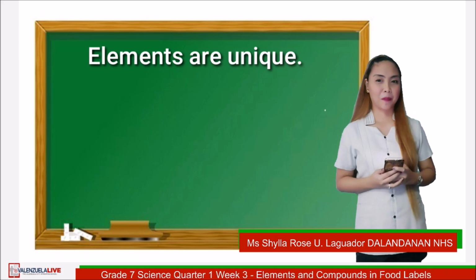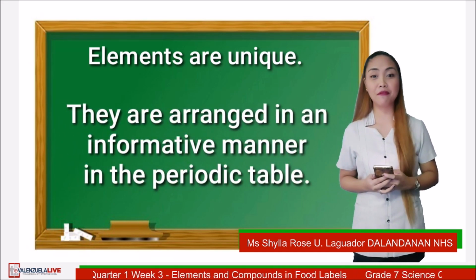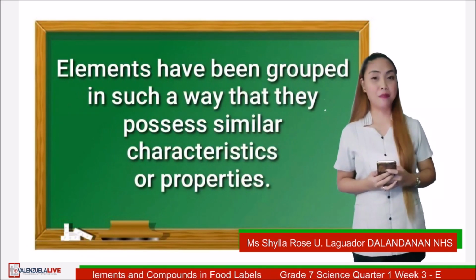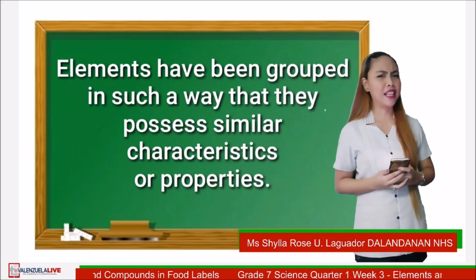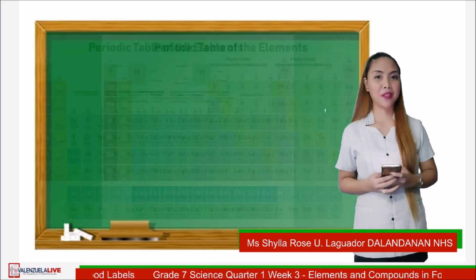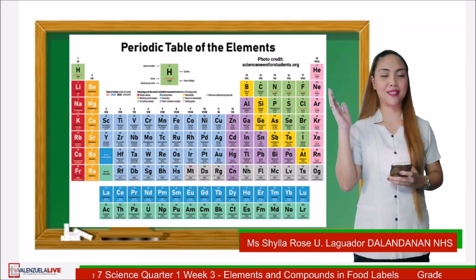Elements are unique. Thus, we can say that they are arranged in an informative manner in the periodic table. Elements have been grouped in such a way that they somehow possess similar characteristics or properties. Here is an example of the periodic table of elements.